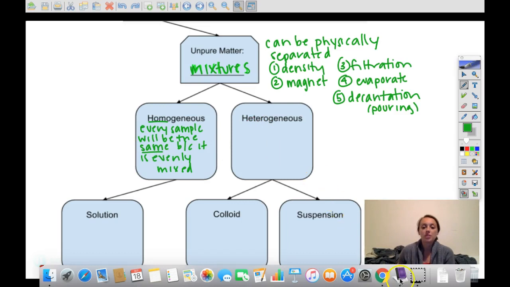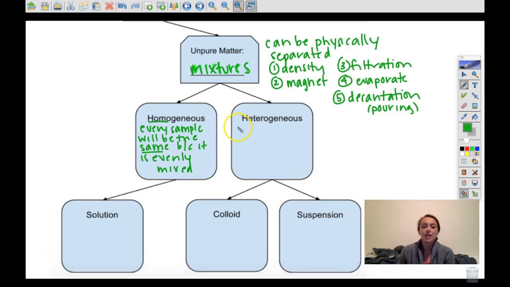The other type of mixture is a heterogeneous, where every sample will be different, because it's unevenly mixed. And an easy way to remember is that hetero means different.